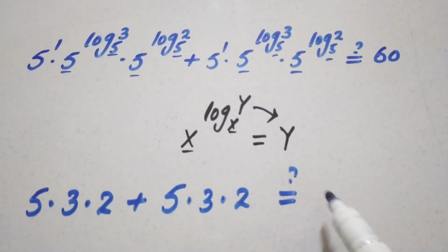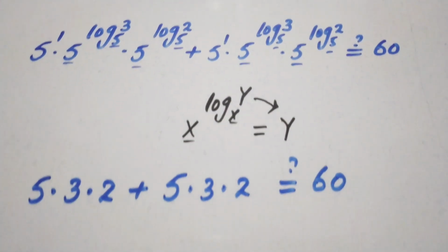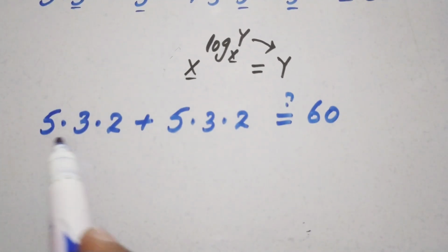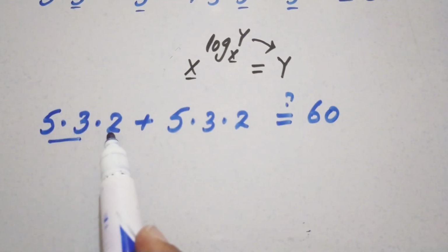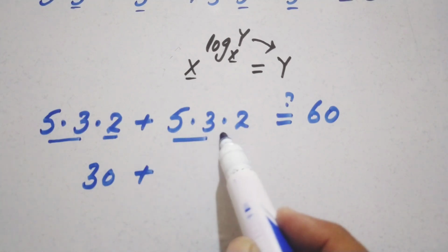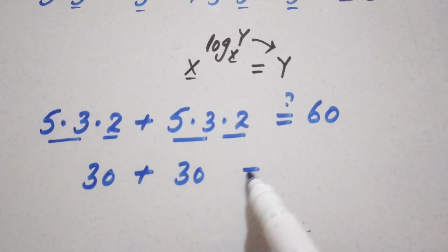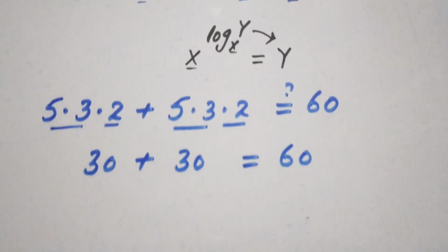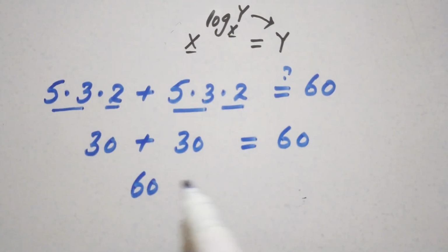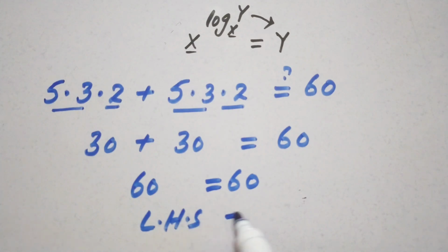Whether it is equal or not equal to 60. So 5 multiplied by 3 is 15, 15 multiplied by 2 is 30, plus 30, which is equal to 60. So we can say that 60 is equal to 60. Left hand side is equal to right hand side.